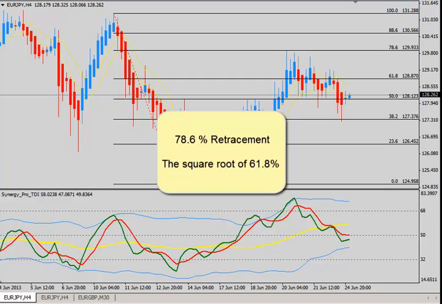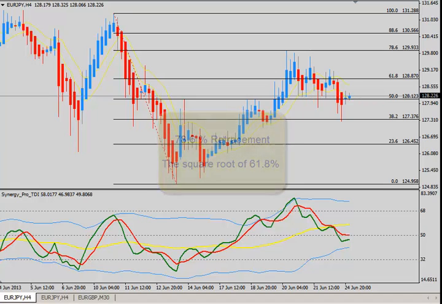Now, for those of y'all not that familiar with Fibonacci numbers, these are numbers that are found in the natural world, found in mathematics, found in science. And it's interesting that when we divide the numbers one into the other, we get back to the golden mean of 61.8. And oftentimes I've found in trading that so many systems and algorithms have the Fibonacci levels built into them that the market moves to those levels and trigger certain orders in the marketplace.